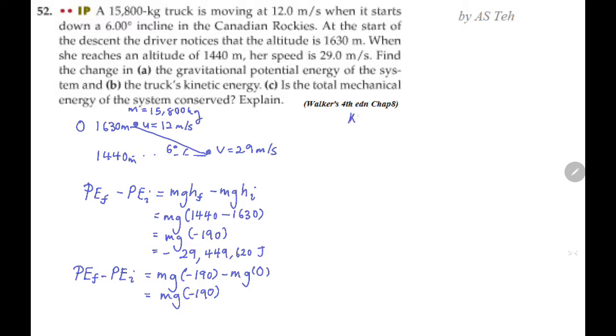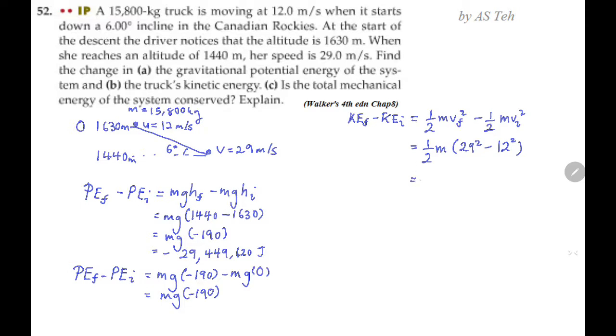Okay, now let's look at kinetic energy. So kinetic energy final minus kinetic energy initial. So that gives us half m v final squared minus half m v initial squared, and that gives us about half m times v final squared, 29 squared, minus v initial squared, 12 squared.